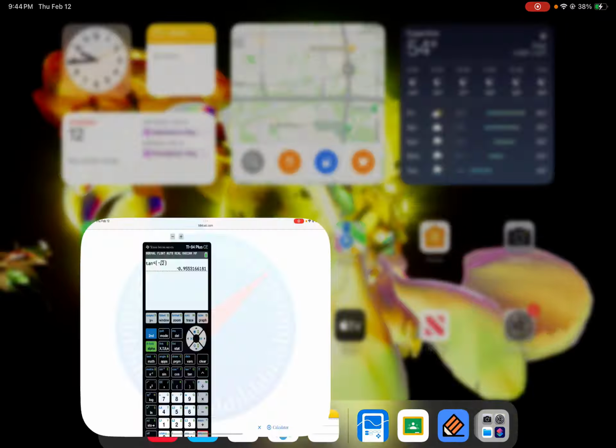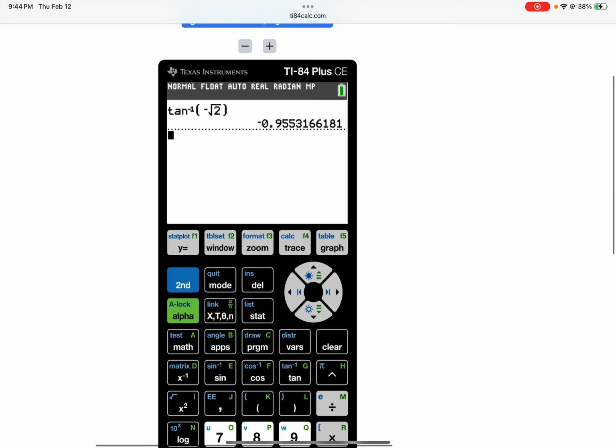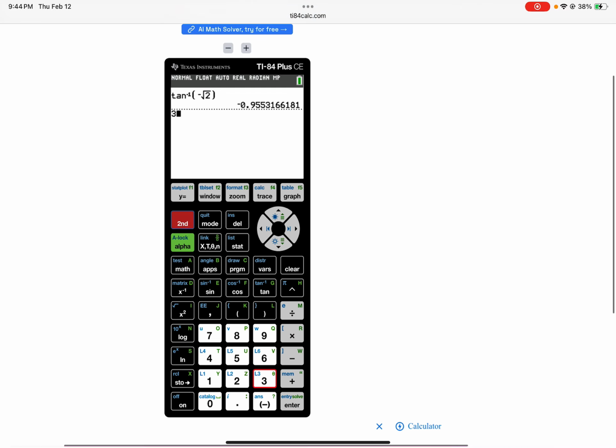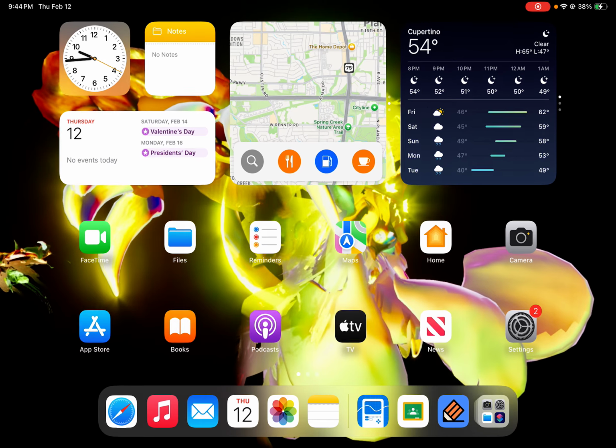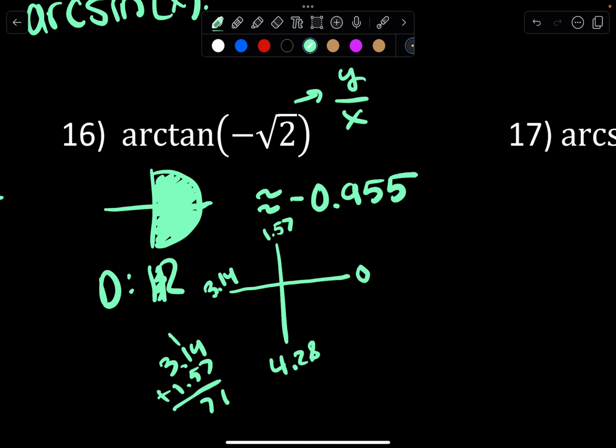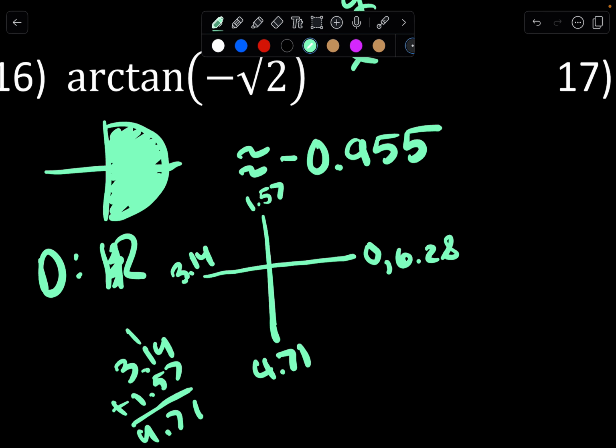Let me double check. If I could edit this out, I would, but I don't have time for that. So 3 pi divided by 2, 4.71. Oh, okay, I was right. Where'd I get 4.28 from? That's from something. I can't remember, though. So it is 4.71. Oh, I was mixing the two because 360 is 6.28. Okay, so that's what was happening.